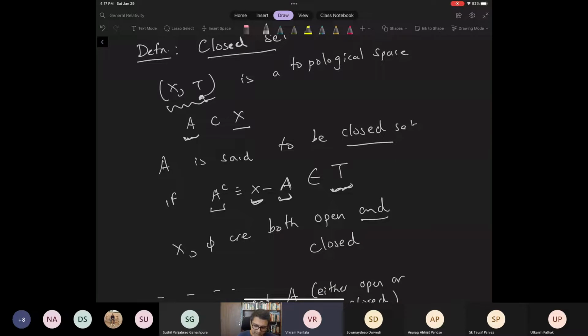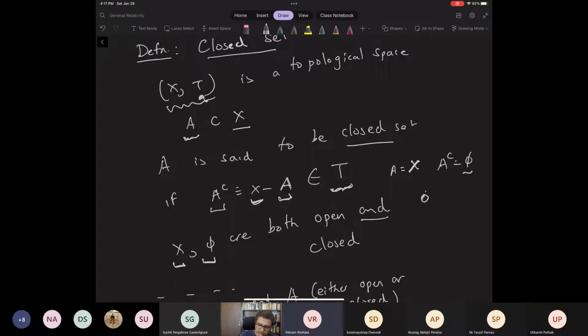Under this definition, you can see that X and phi, the null set, are both open and closed. For example, if I take A equal to X, then what is A complement? Phi, the null set, because X minus X, you take out all the elements of X from itself, and what we're left with is the null set.